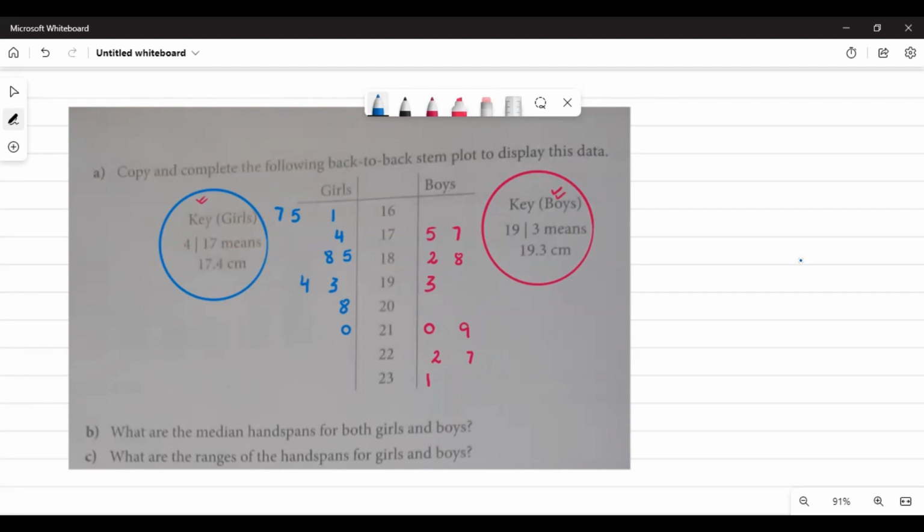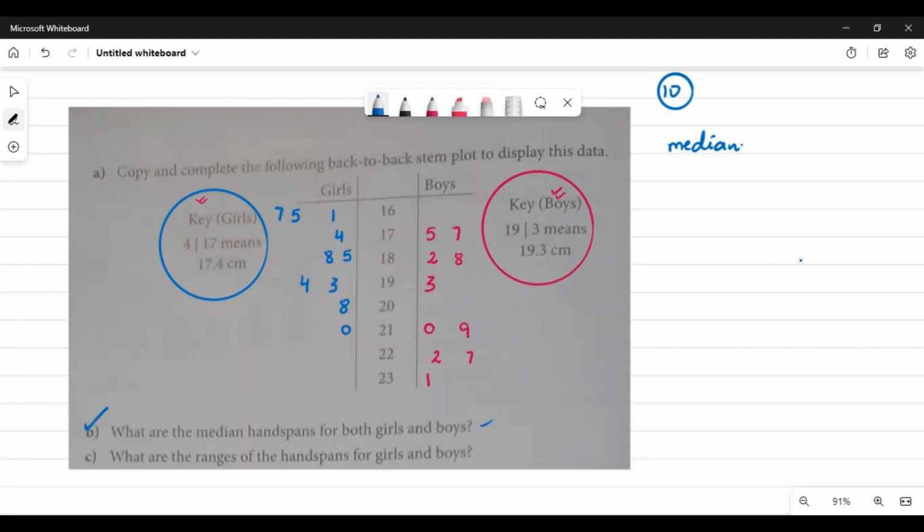The B part of the question is, what are the median hand spans for both girls and boys? We have to find the median. The total data is 10. Is 10 an even number or an odd number? Even.